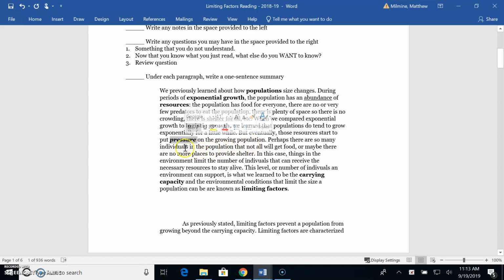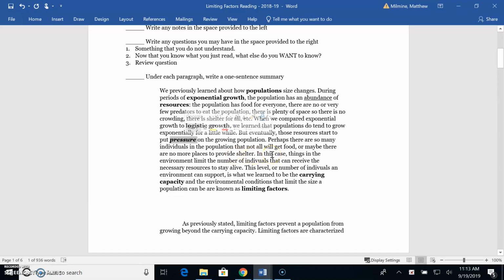Perhaps there are so many individuals in the population that not all will get food. Oh, there's a source of pressure. Individuals not getting food are going to be pressured to get food. Maybe there are no more places to provide shelter. Okay, there's another form of pressure. If there is no shelter, organisms have pressure to survive outside without shelter.